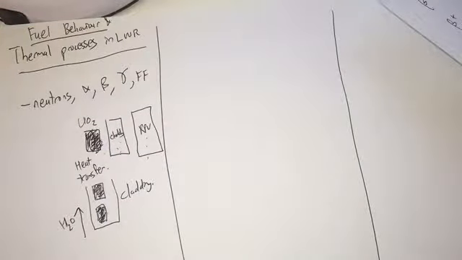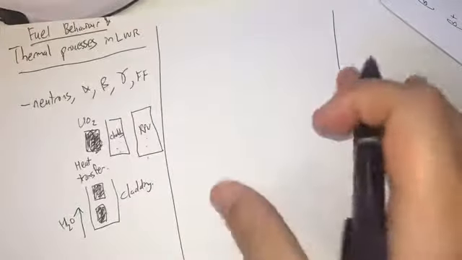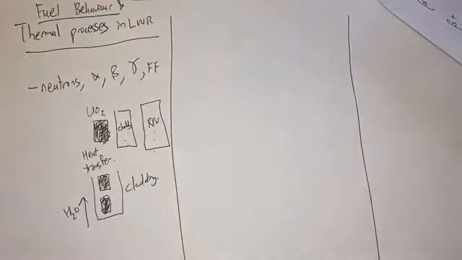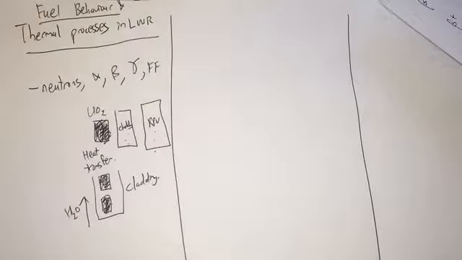We can discuss the pros and cons of each in future videos, but for now, we just assume we are stuck with oxide fuels because these are the commercially available ones, the most common that we find today. When I talk about oxides, they're also called ceramics.